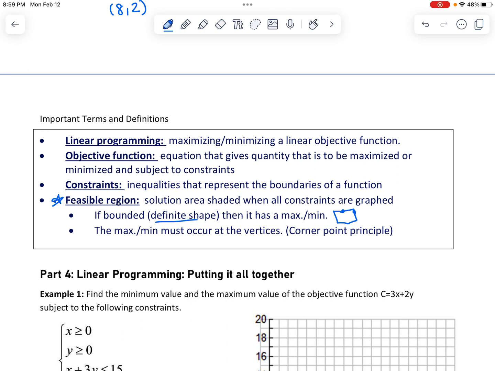And that maximum or minimum actually will always occur at one of the vertices of that shape. So if you remember vertices, like for a triangle, it has 3 vertices. They are these corner points here. And that's why this is called the corner point principle. So when we're trying to maximize or minimize our objective function, we look at those corner points.